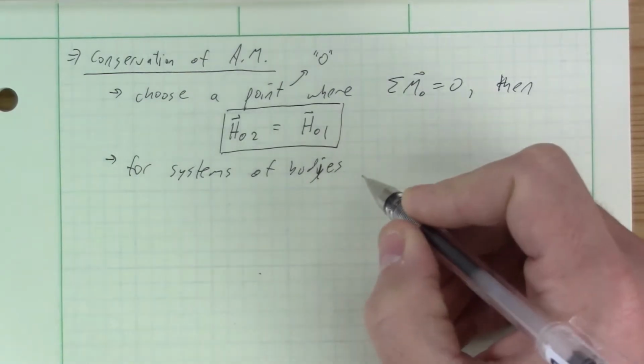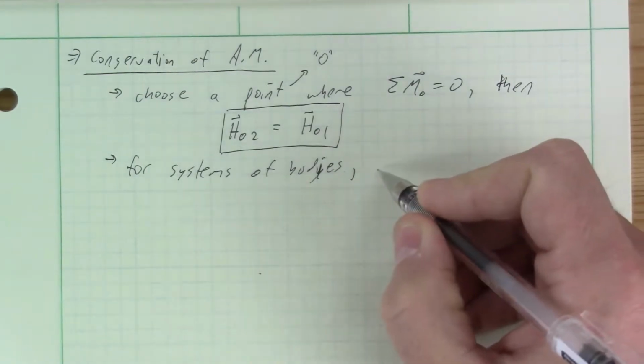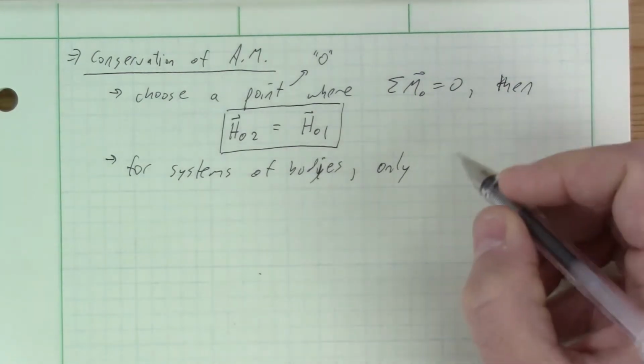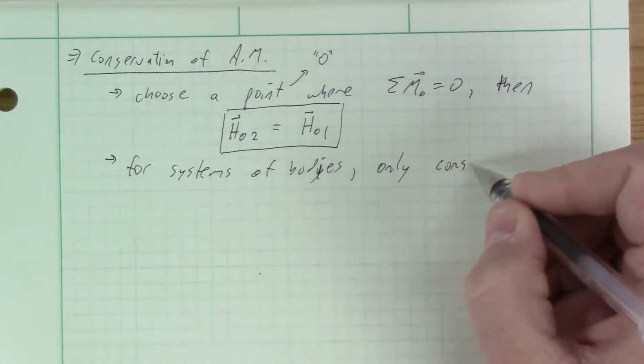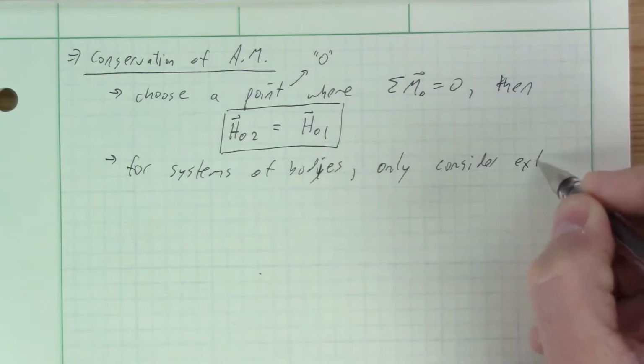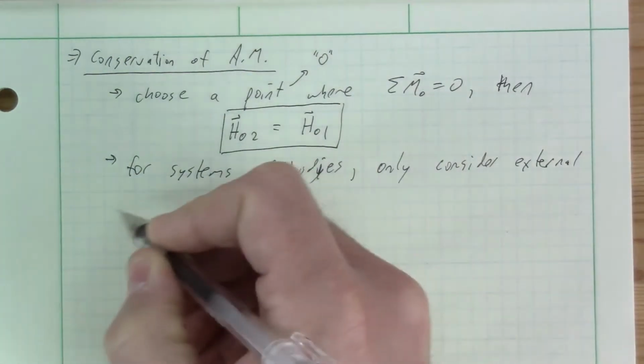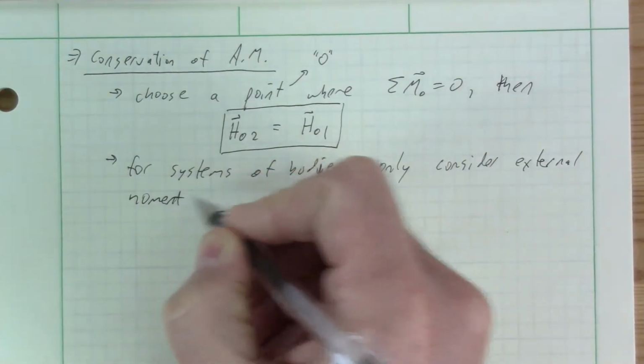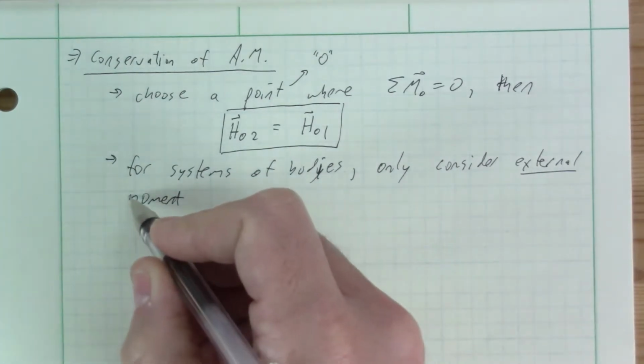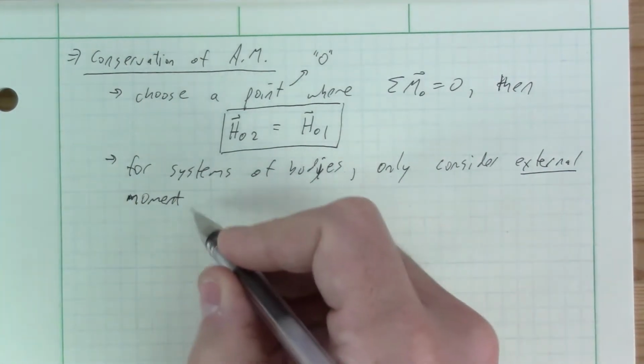So for systems of bodies, multiple ones in contact with one another, we can only consider external moments, like we did with external forces for conservation of linear momentum.